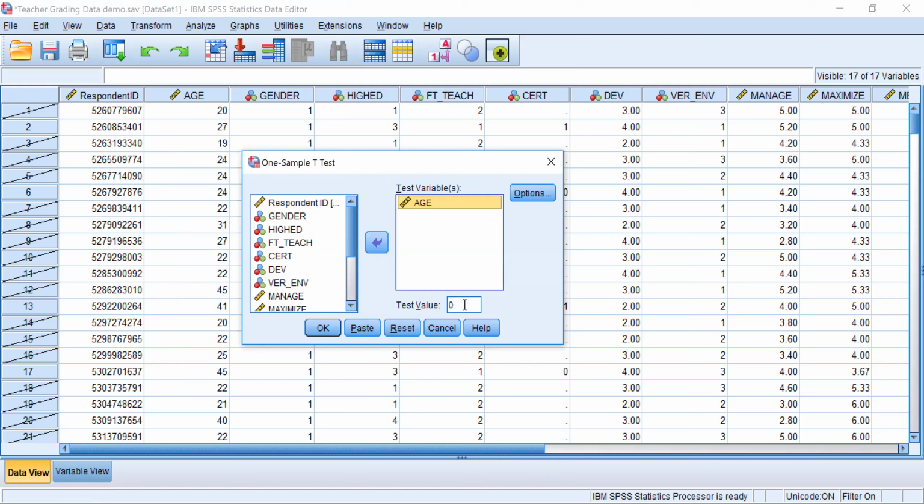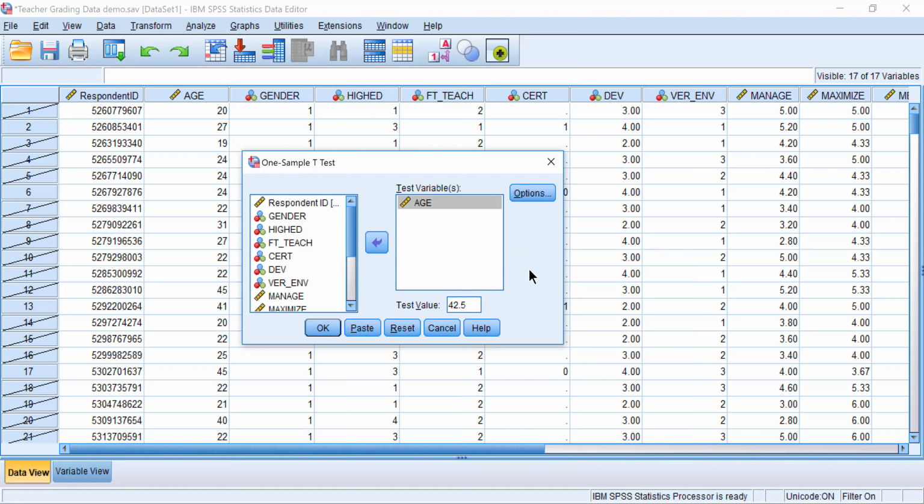So in this case, the null hypothesis is that the mean age of my sample is not different than the population mean age. The population mu for age is 42.5.